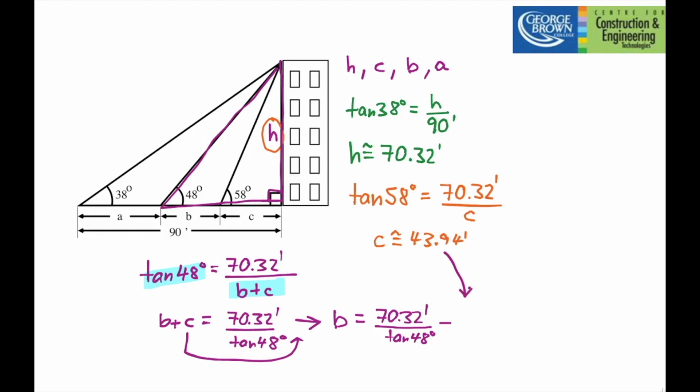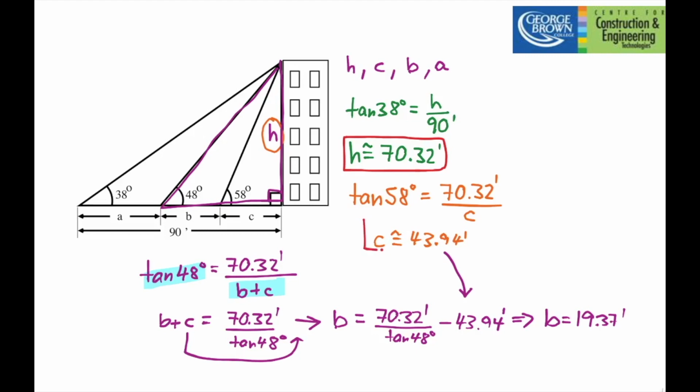C is 43.94. So we just drop that in there. So what is b? B is going to be 19.37, and that's in feet. So we're starting to really make some progress because the question virtually is done.